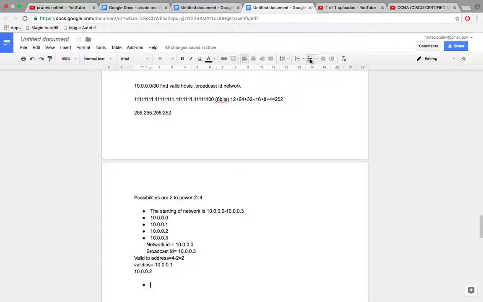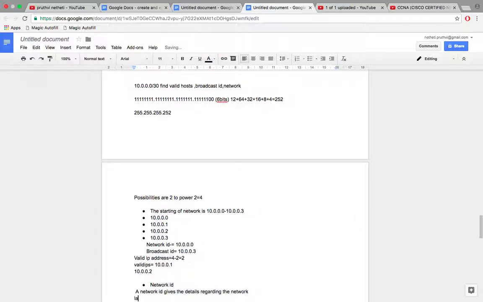Now let's move on to what a network ID is. A network ID gives the details regarding the network. So with 10.0.0.0 slash 30, you came to know the details of your network.